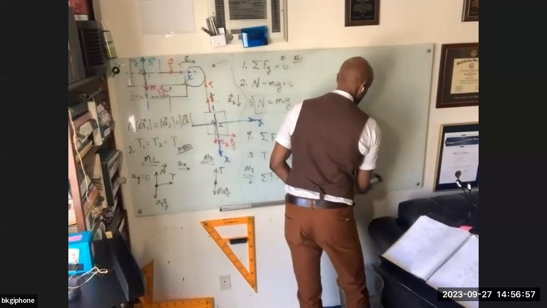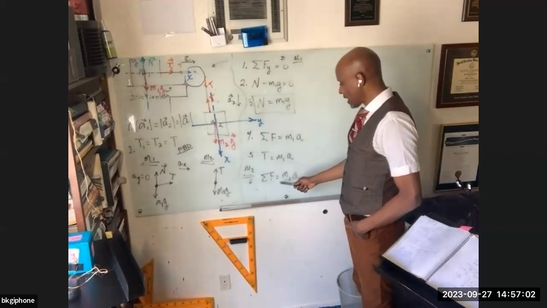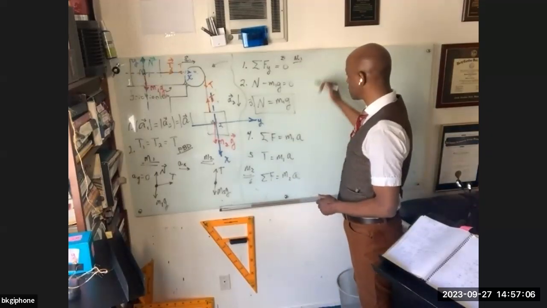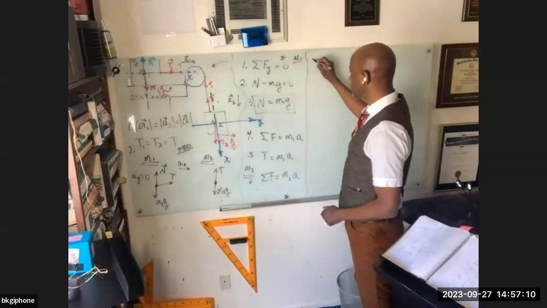When I write out the sum of forces on this guy here for block 2, what should I write? I've got 2 options. So which one is going to be the most consistent option with what I've already done?